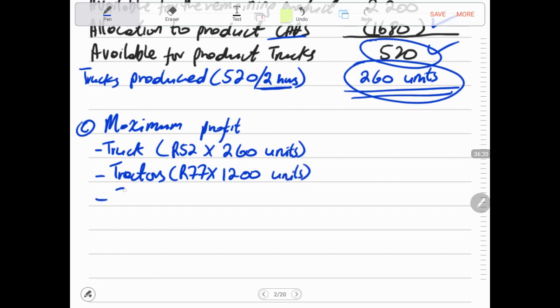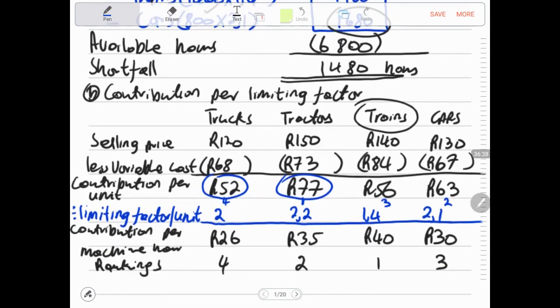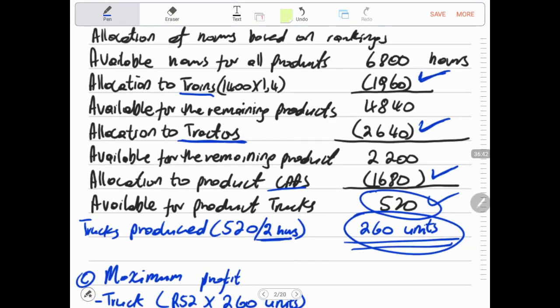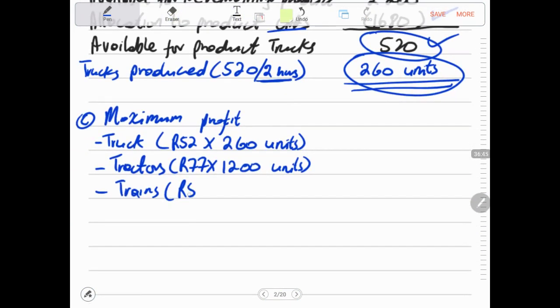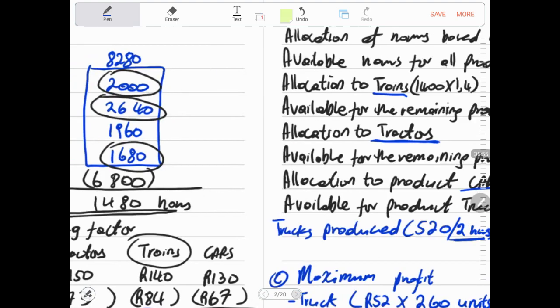Then we go to trains. And remember, we expected to manufacture everything regarding the trains, and the contribution per unit of the trains is 56 rand. So now we say 56 rand times this by the number of units of the trains, and the number of units of the trains is 1,400.